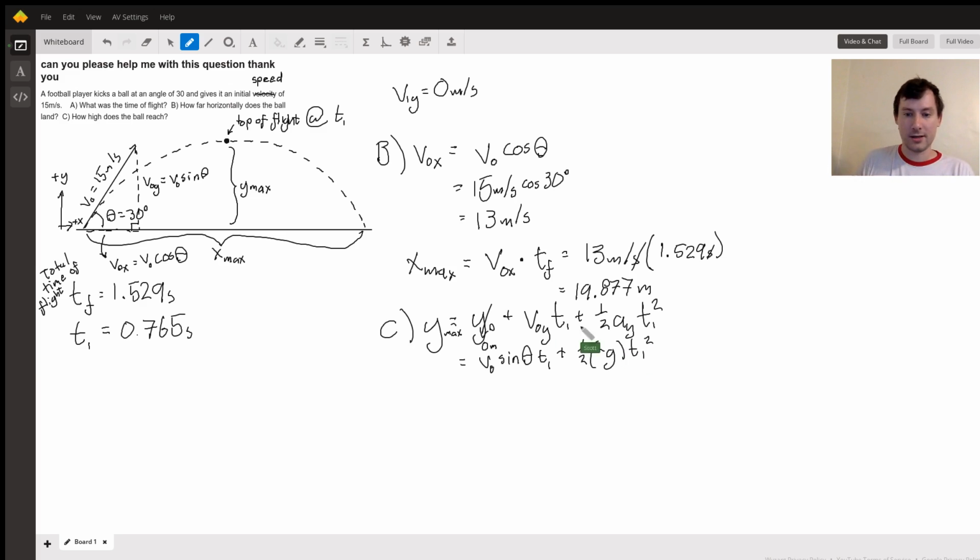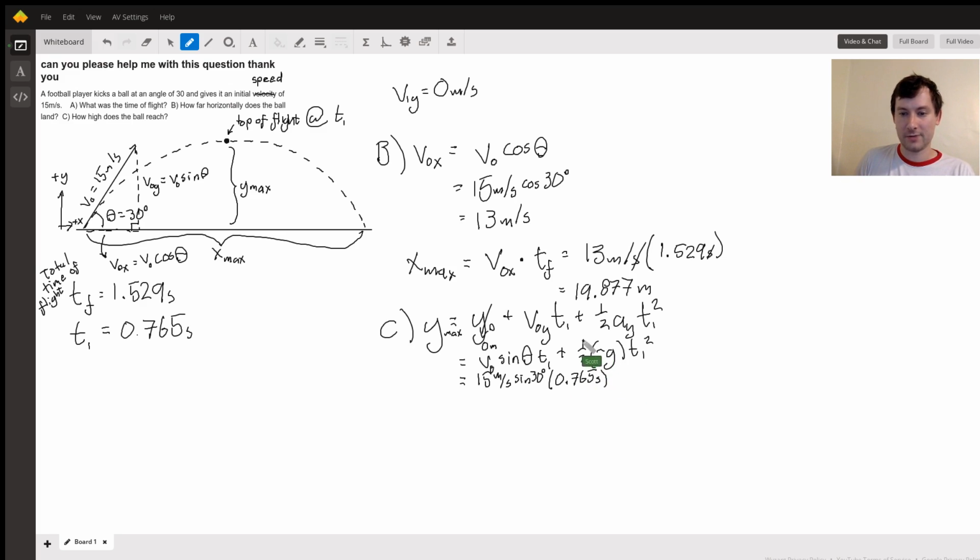And now finally, we actually have everything that we need to plug this in. 15 meters per second is v naught times sine of 30 degrees times t1, which we calculated earlier as 0.765 seconds.